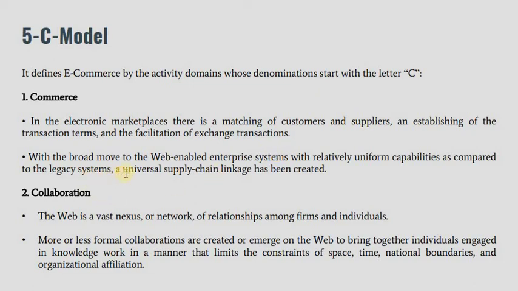With a broad move to web-enabled enterprise systems with relatively uniform capabilities as compared to the legacy systems, a universal supply chain linkage has been created. So due to these web-enabled enterprise systems, we have the capabilities to have a proper supply chain, right? Supply chain basically involves supplying a good from the warehouse to the retail shop or maybe to the customer, right?